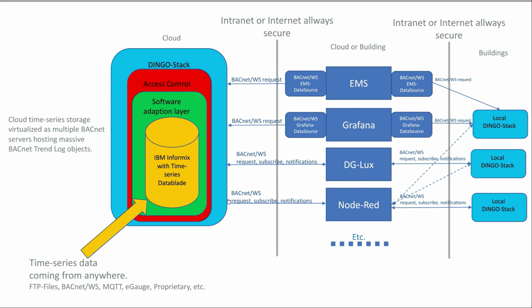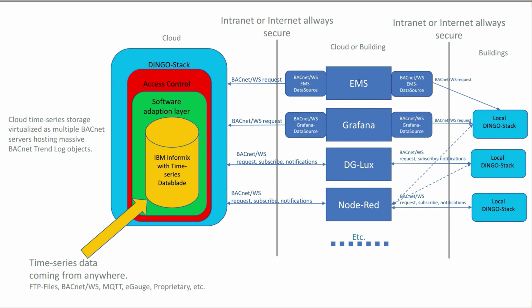You can access the data with BACnet web services back and forth. You can both write data, control data like setting actuators, or listen to subscribed COVs or poll data or whatever. You can do it from systems like Node-RED, DigiLogs, Grafana, energy management systems, just name it. The same for those systems.